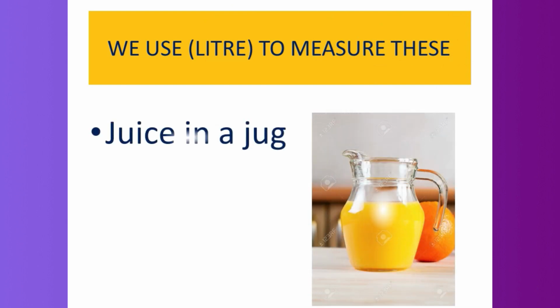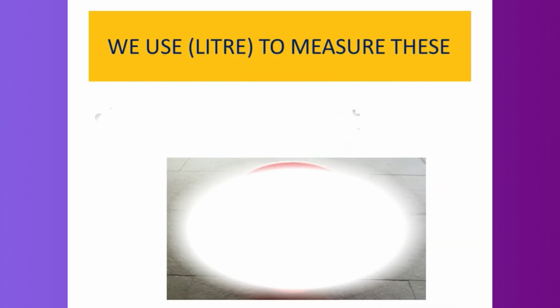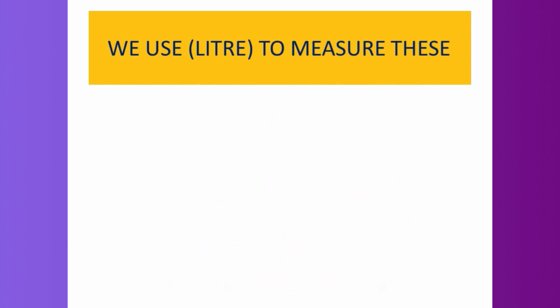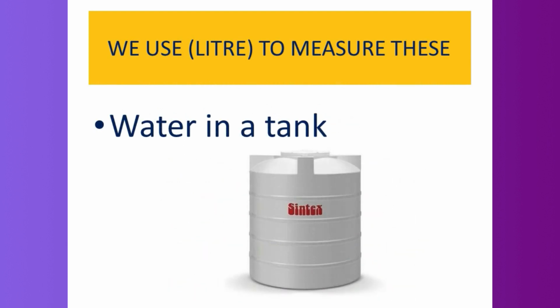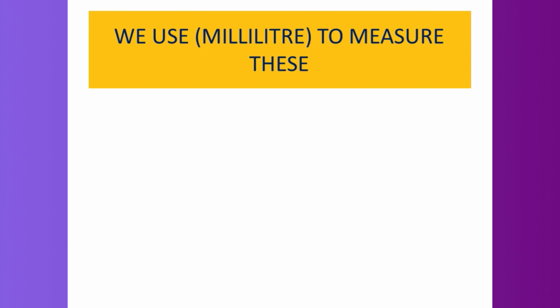Next we have juice in a jug, which is measured in liters. Water in a bucket is also measured in liters when it is full. And water in a water tank is also measured in liters.